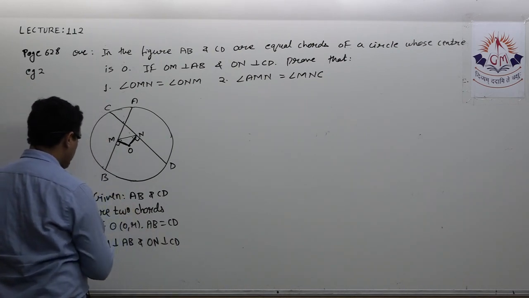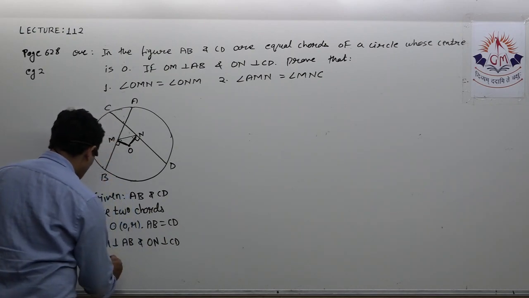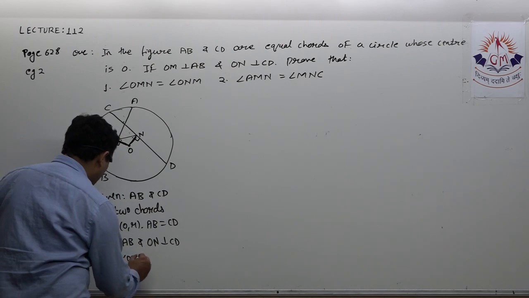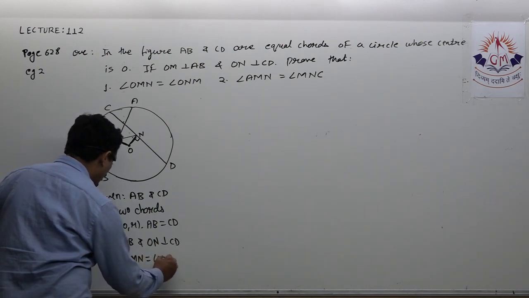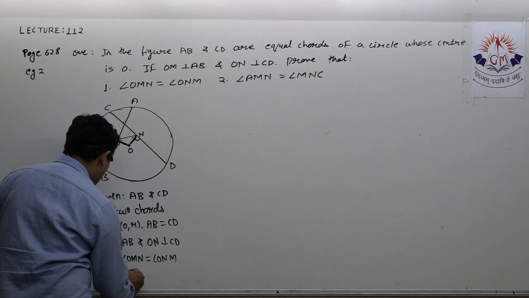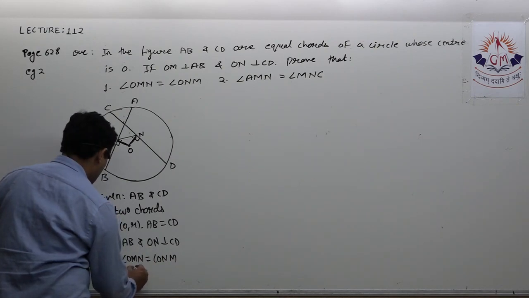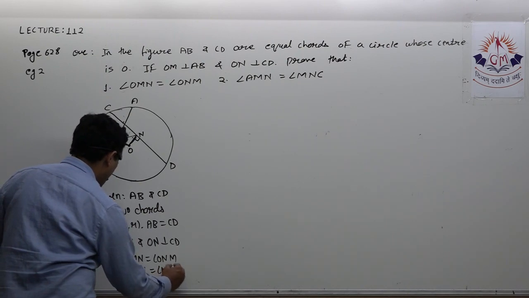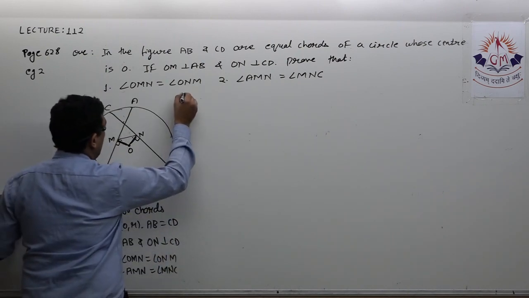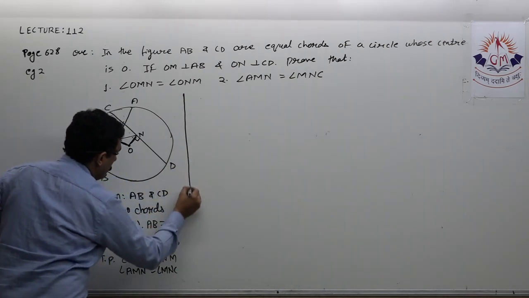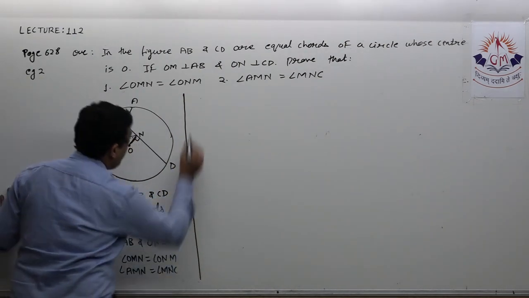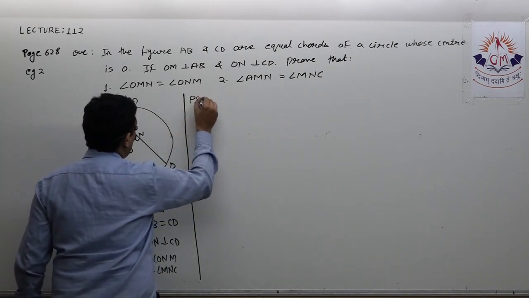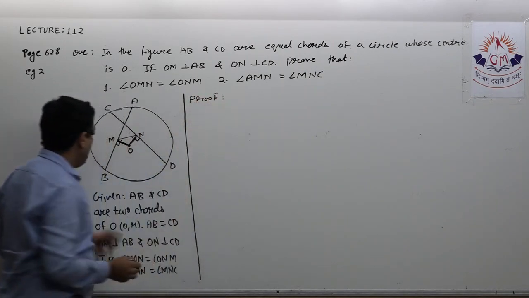To prove: angle OMN is equal to angle ONM, and angle AMN is equal to angle MNC. Although construction is not required, still let us see. Okay, it is not required. It's very easy actually, the only thing is that it will take time to write.